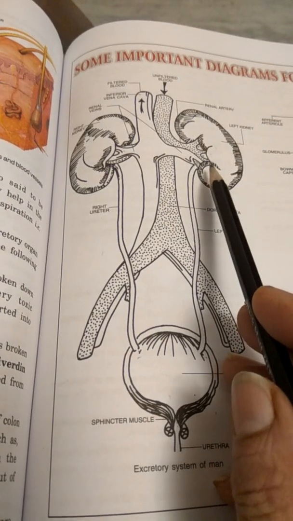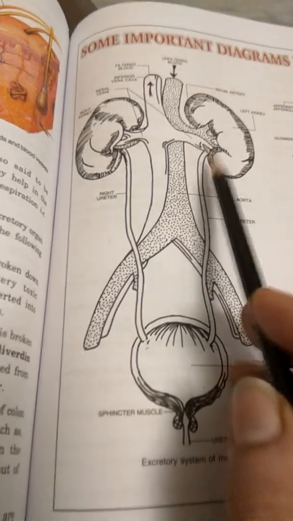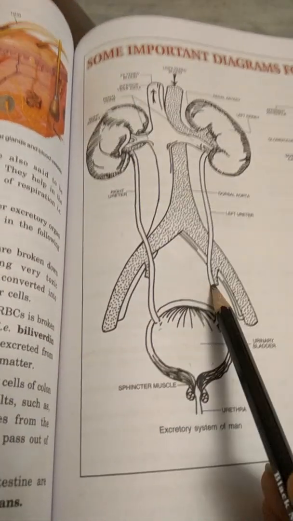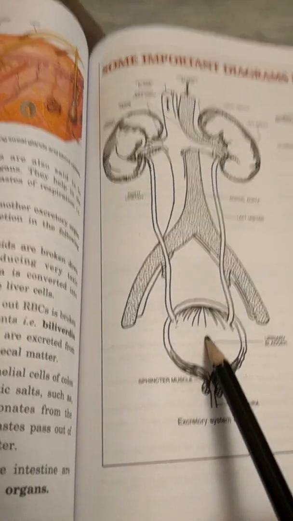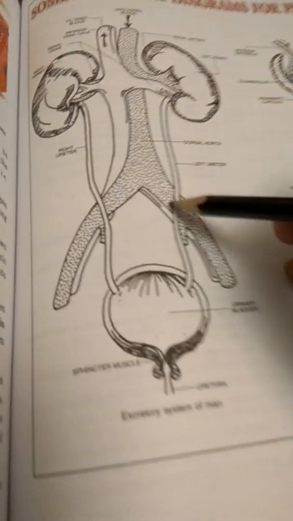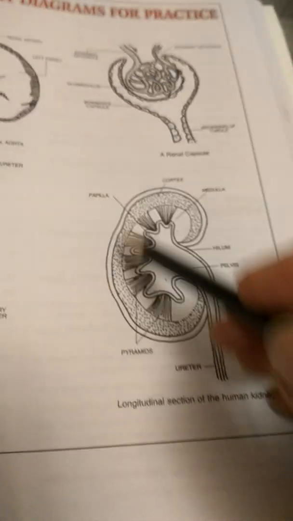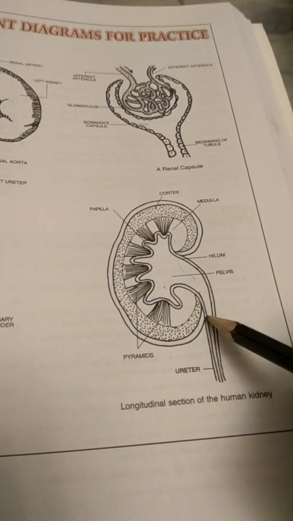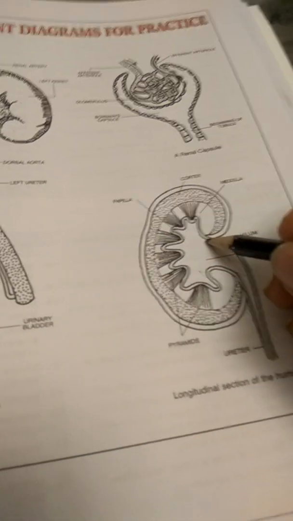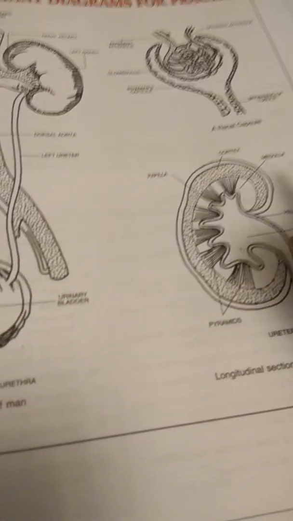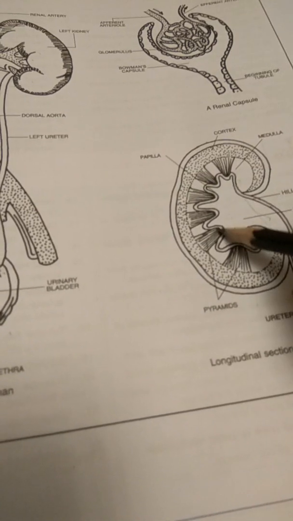The function of the ureter is to carry the urine formed in the kidney along its tube and transport it to the urinary bladder. Now see the longitudinal section. This is the ureter. At its anterior, uppermost end, it extends into the kidney through the hilum and becomes broad and funnel shaped.